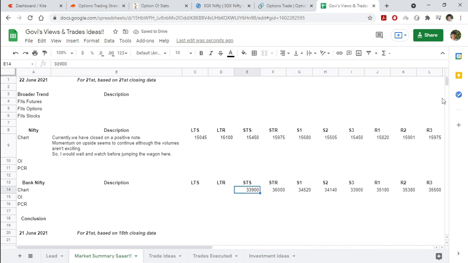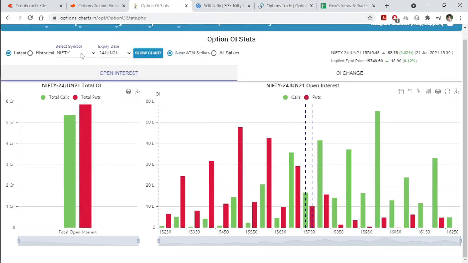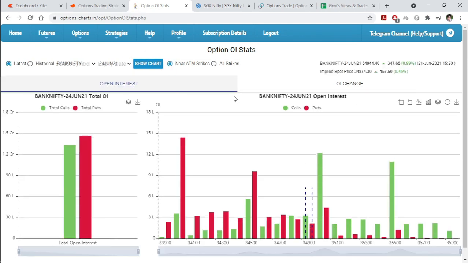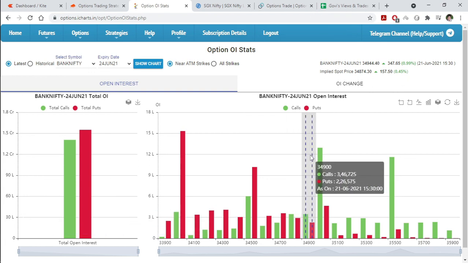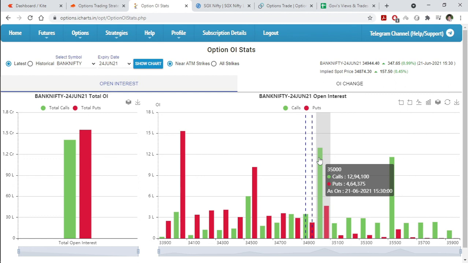It's about BN also, and let's see the BN OI stats. We closed around 34,800 levels. At 35,000 we have good call writing right now, but if the open is very positive, we'll take it out in the open, and then call writers will have to cover their positions real quick.